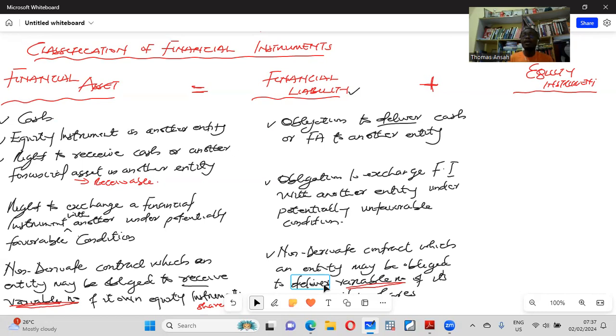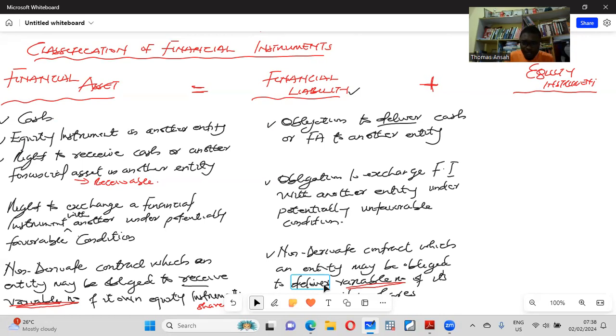If you remember when we were doing IFRS 2, share-based payment, you realize that when it comes to cash-settled share-based payment, we depend the cash payment on the value of the share price at each reporting date. Remember, that was a liability. So in the same vein, you don't really know the number.